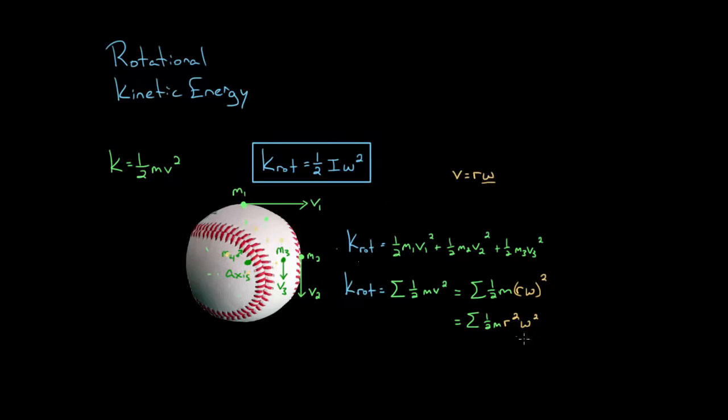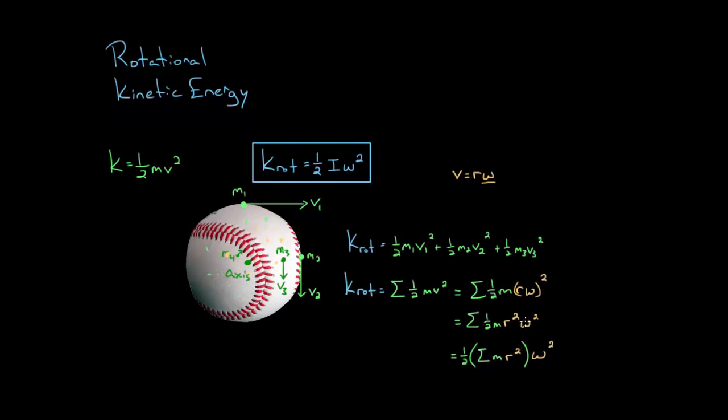And since they're the same for every point, I can bring that out of the summation. So I can rewrite this summation and bring everything that's constant for all of the masses out of the summation. So I can write this as 1/2 times the summation of m times r squared, end that summation, and just pull the omega squared out because it's the same for each term.